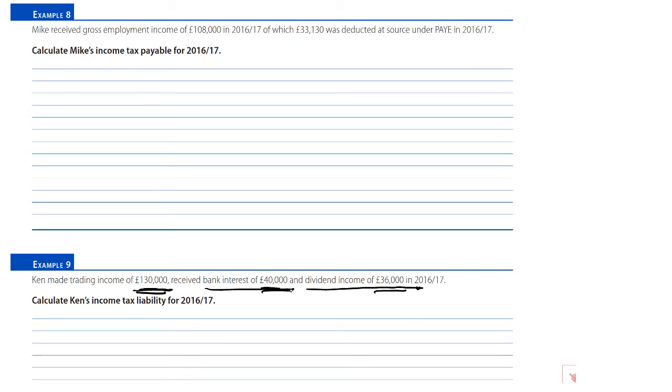And what that should mean is we're looking at the 38.1% rate applicable to all of that dividend income. But I would like you now to work through each of those examples, example 8 and example 9, and we'll see how we fare after that. So join me again, pause it at this point until such time as you've worked out and check through the answers to them with the example answers at the back. Do that for me now, please.